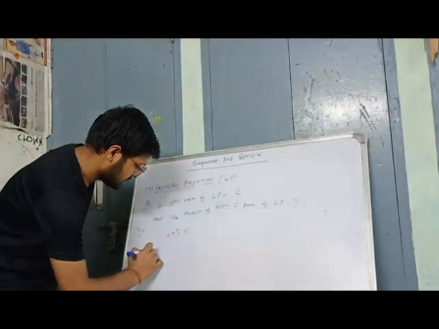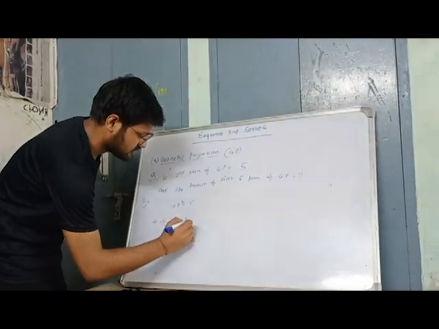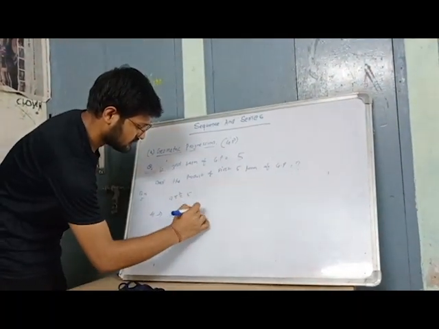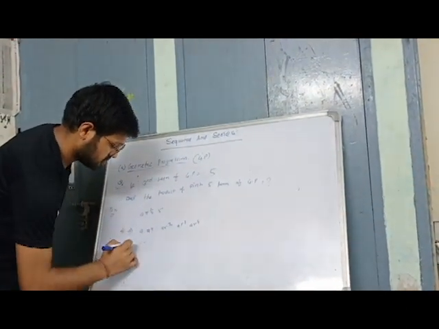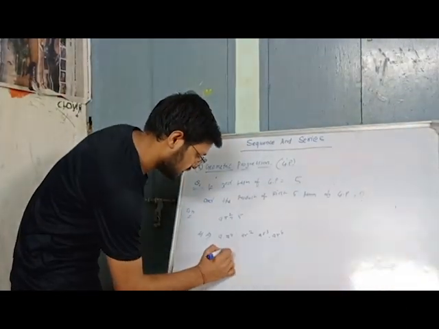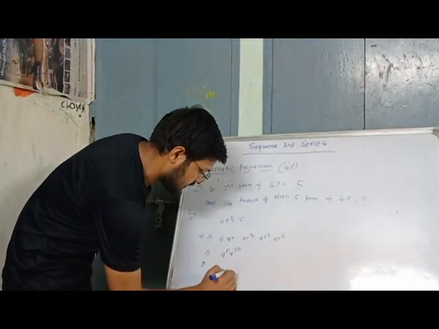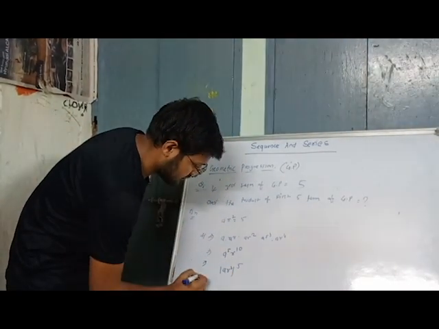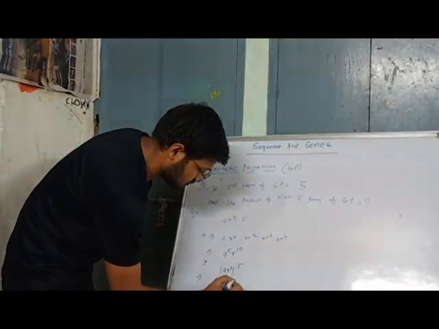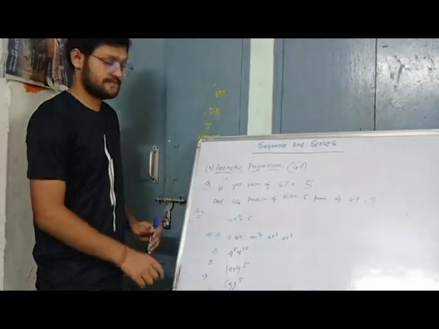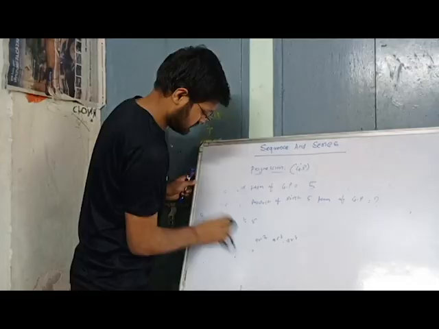The product of the five terms is a, ar, ar square, ar cube, ar to the power 4. Then the answer will be a to the power 5 and r to the power 10, which is (ar square) to the power 5. We have 5, so the answer will be 5 to the power 5. And this is done for the GP.